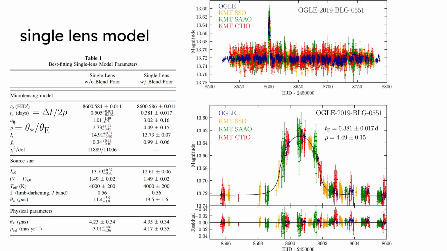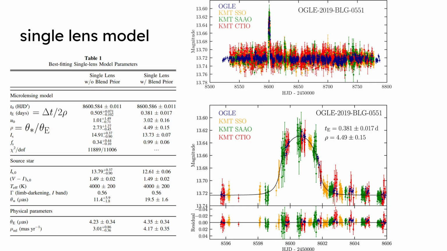Then U0 is the minimal separation of those two. Then rho is the angular size of the source in Einstein radii. Then IS is the baseline magnitude. Fs is the blending fraction.